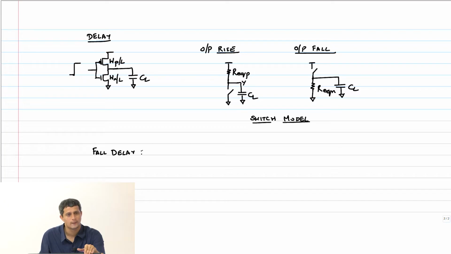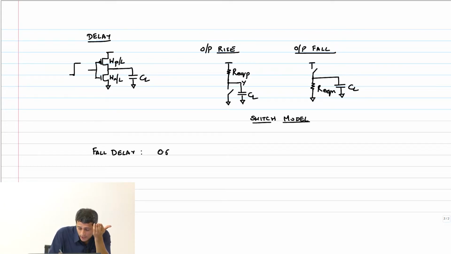Output is falling, PMOS has turned off, NMOS has turned on, and what did we derive this expression to be? Yeah? Sorry? Yeah. So we basically said this was 0.693 into R equivalent of N into CL.